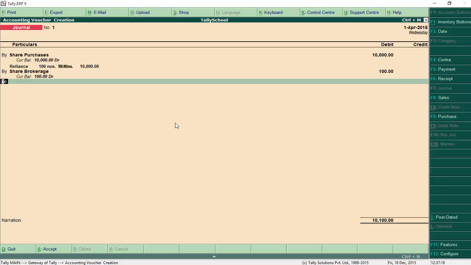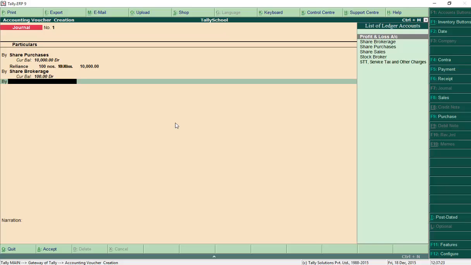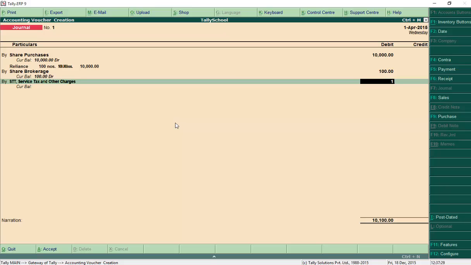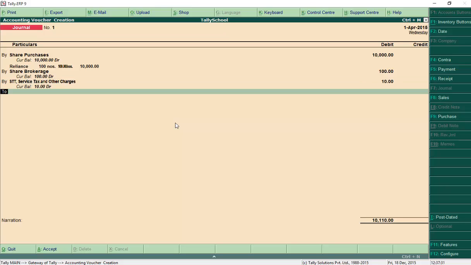Now we'll enter the other charges ledger, which is STT, service tax, and let's say it is 10 rupees in total. So STT, service tax and other charges, 10. So the total amount we have to pay to our broker is 10,110 rupees.